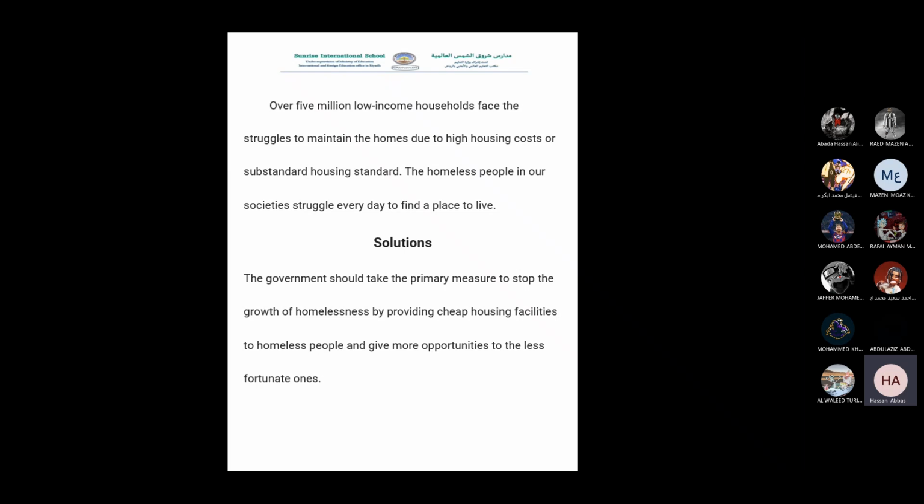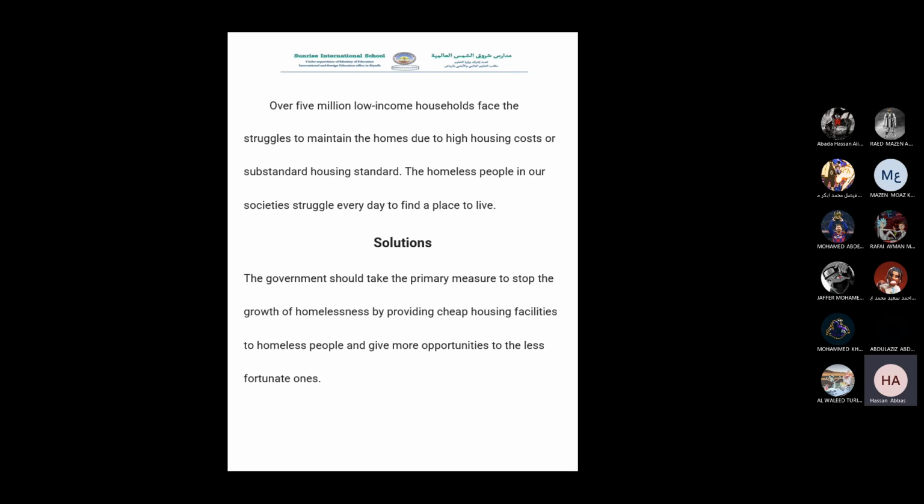So this is a big problem. From where do you get this much money to build this house, to pay the rent of your apartment which you live in? Over 5 million low-income households, 5 million around the world. They don't have this much money. Maybe there are more. We are talking just about one country.